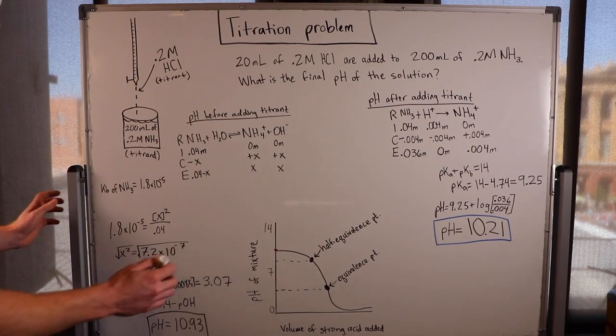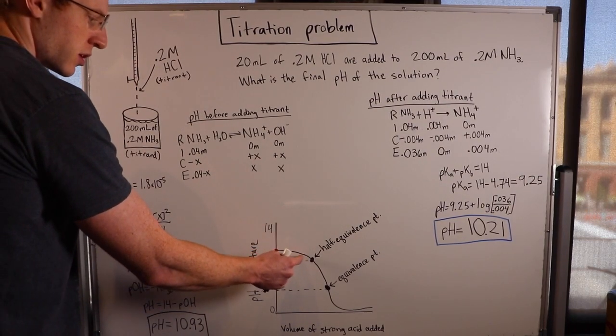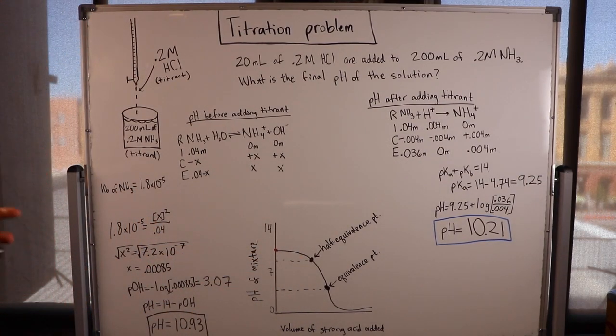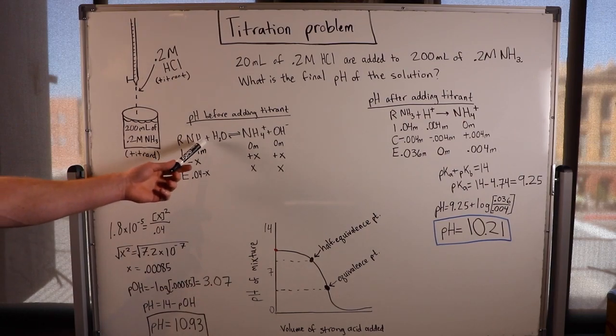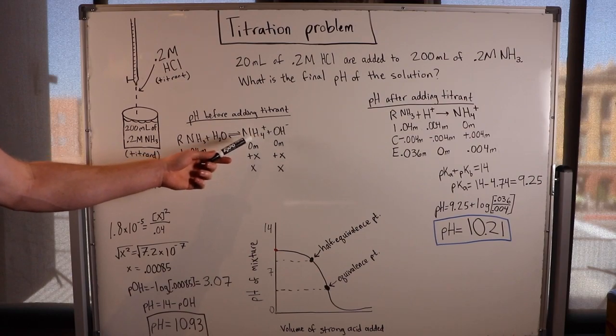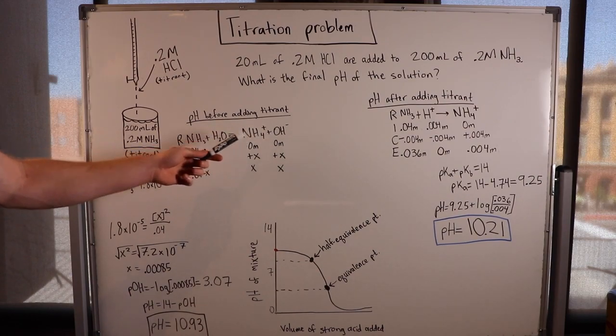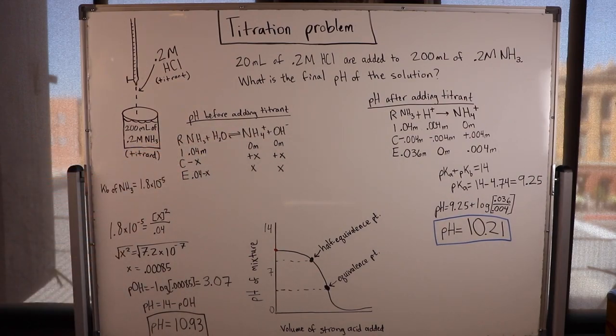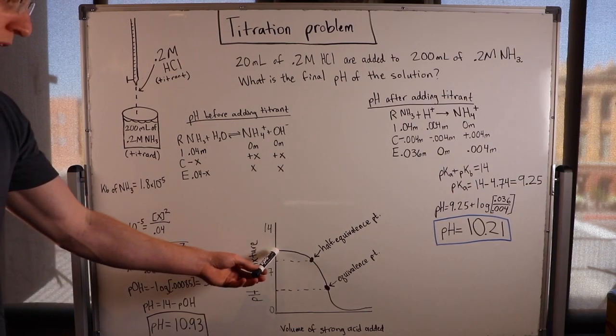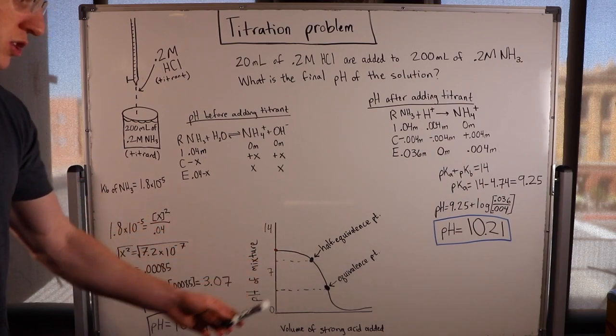And that is because in these flat regions on a titration curve, you're actually in the ideal buffer zone. And if you look at what's going to happen when you add NH3 into the water, you have NH4 plus and NH3, a weak acid, and its conjugate base. That is the precise definition of a buffer system. So we actually have a buffer system in this initial range here.